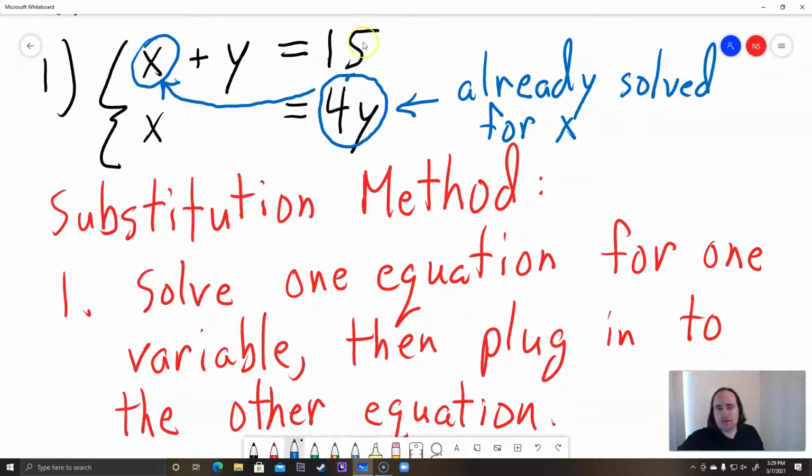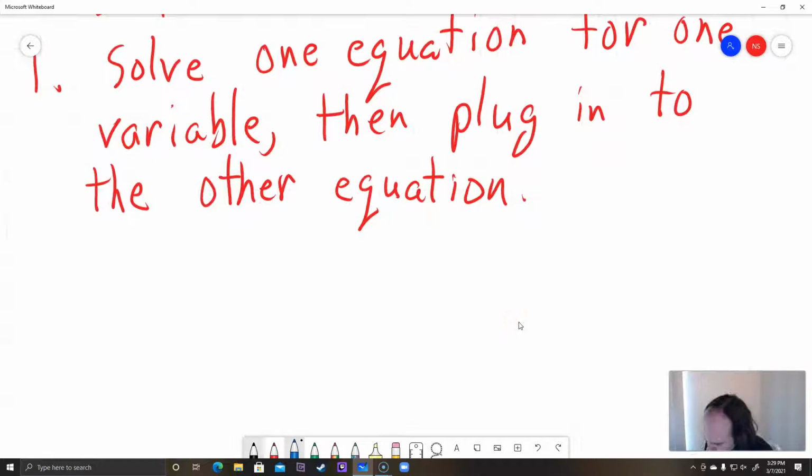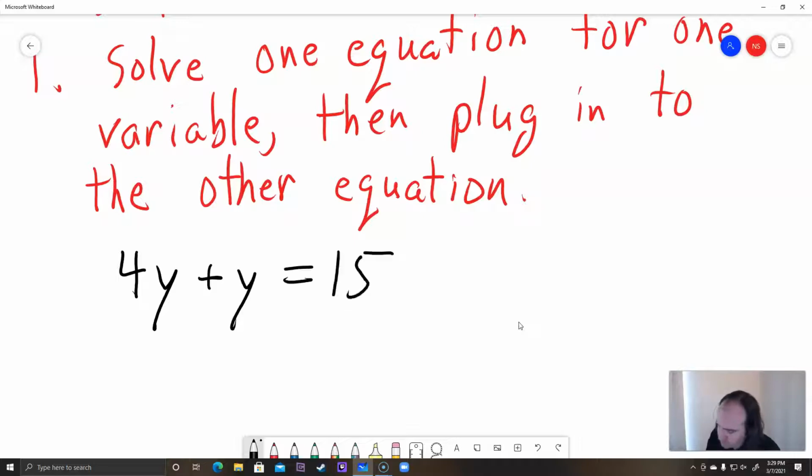So instead of x plus y equals 15, we're going to have 4y plus y equals 15.